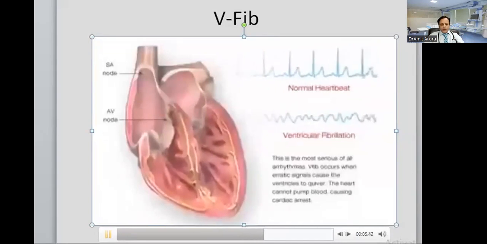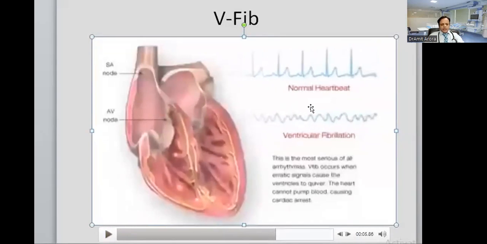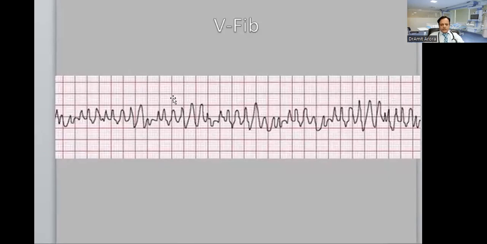And on ECG, what will you see? Nothing, just fibrillatory waves, as if a child has drawn irregular up and down strokes. So this is VFib, ventricular fibrillation, very easy to recognize on ECG.